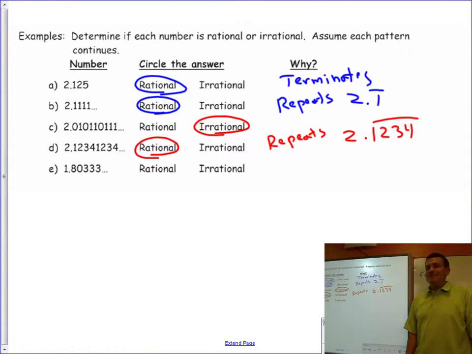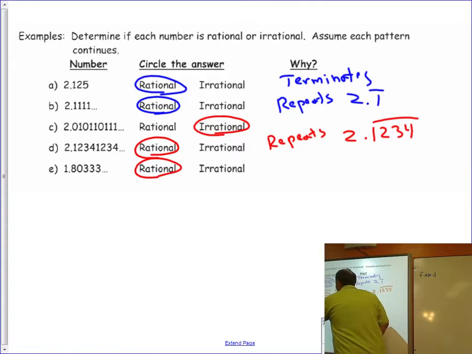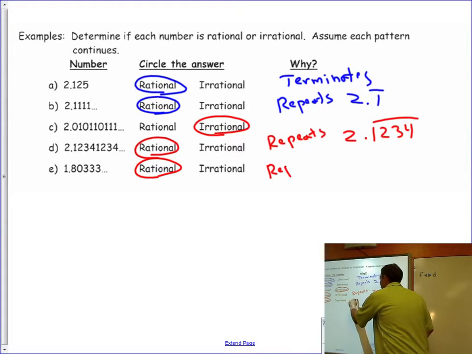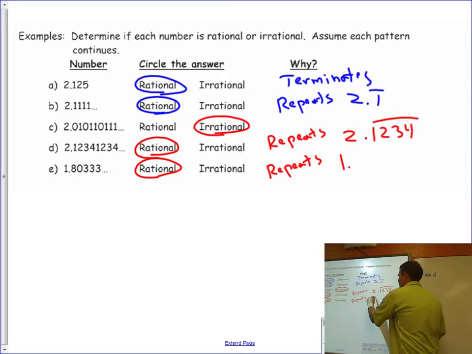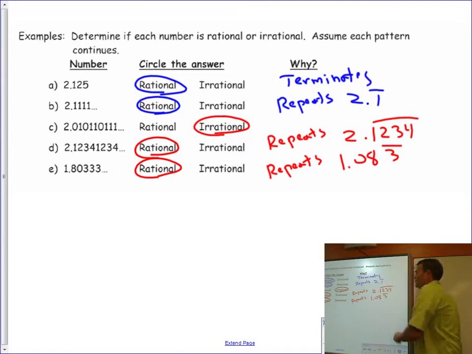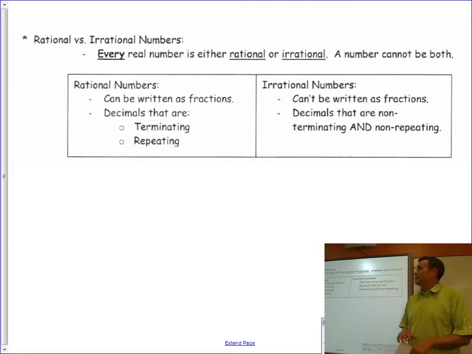And the last one, also rational. It also repeats. The 3 repeats, so it'd be 1.083 with a bar over it. Hope you got those. All right, so the difference between rational and irrational, real quickly.